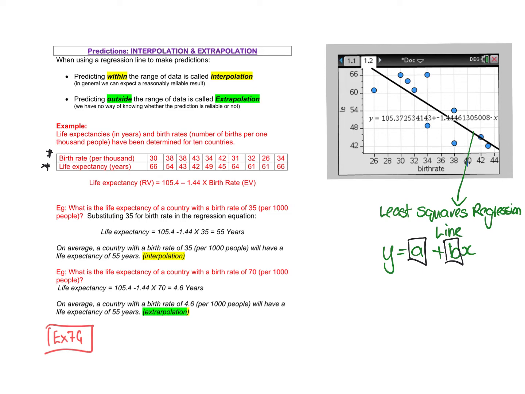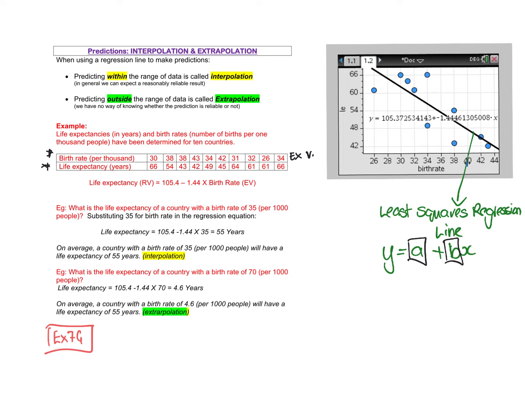The birth rate is the explanatory variable. If the country has a high birth rate, meaning lots of babies are getting born, they want to see what's happening to the life expectancy, meaning how long you live for.